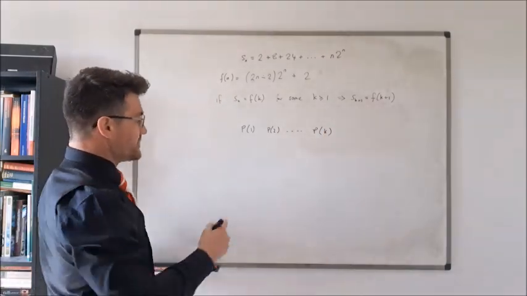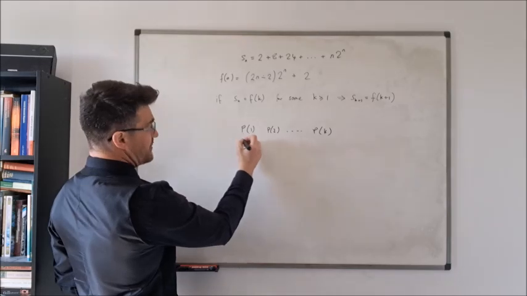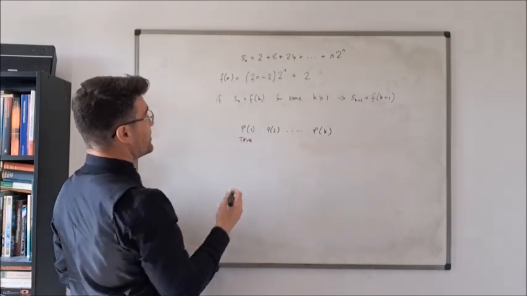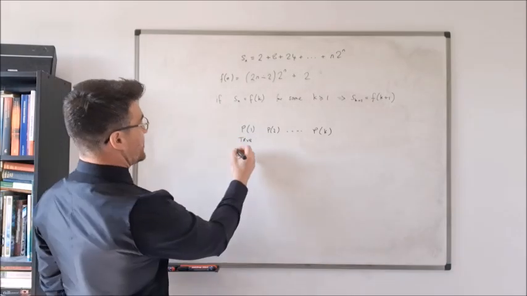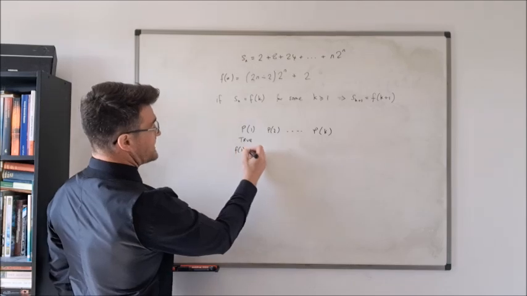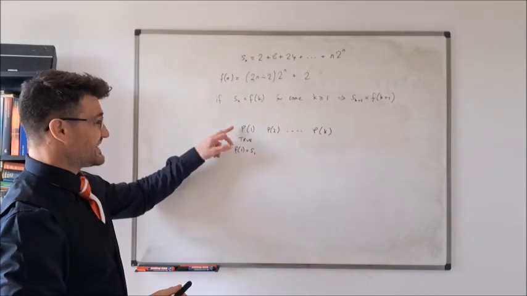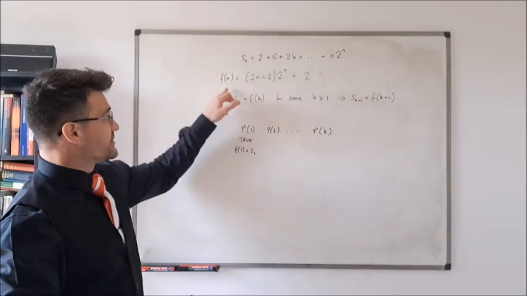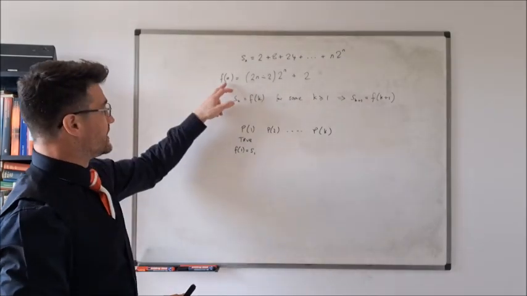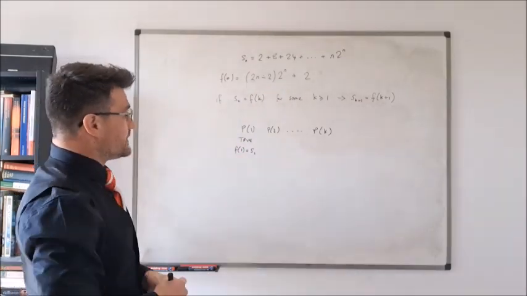So what you do is you show that P1 is true, which we've shown here in the sense of showing that F1 is equal to S1. This might be our proposition. We've shown that this is true because we can show that this is equal to the value of S1.